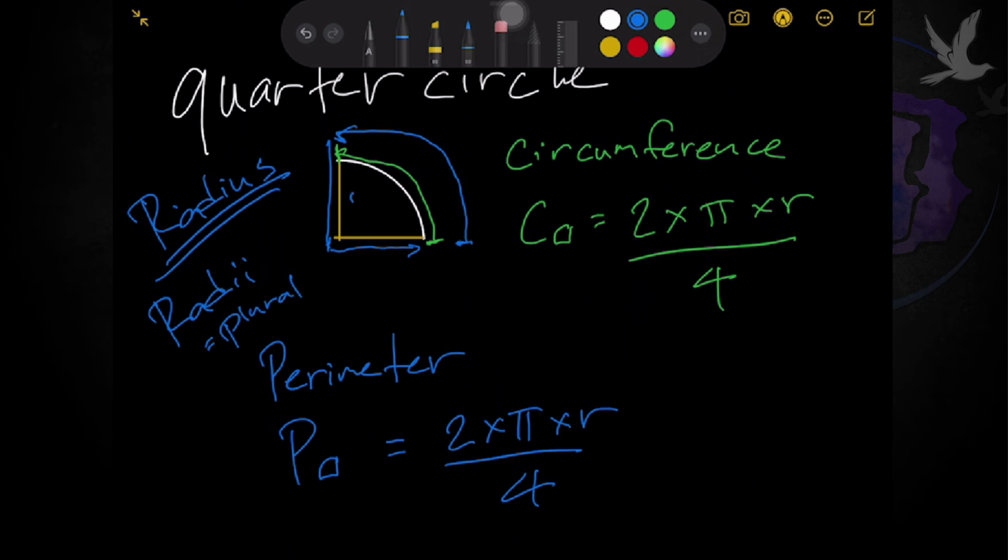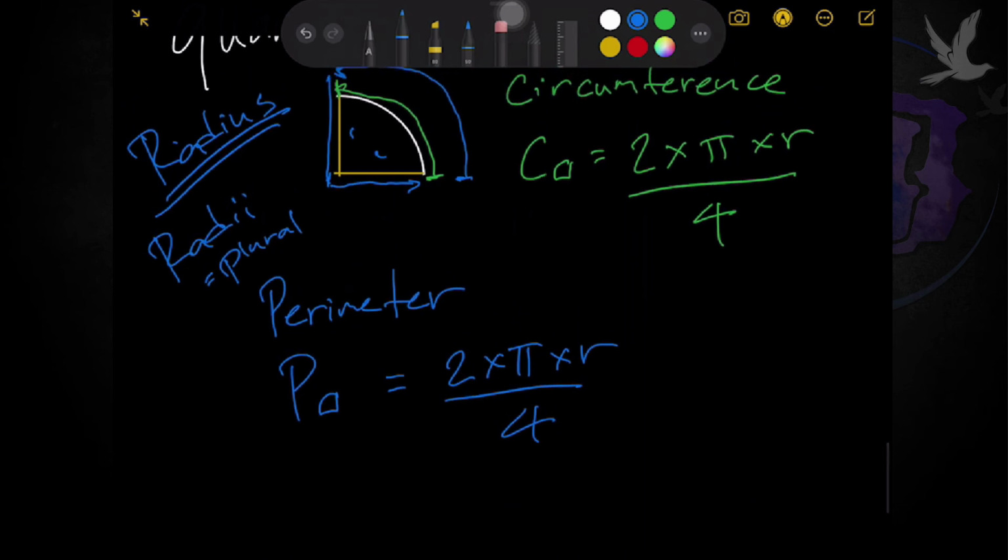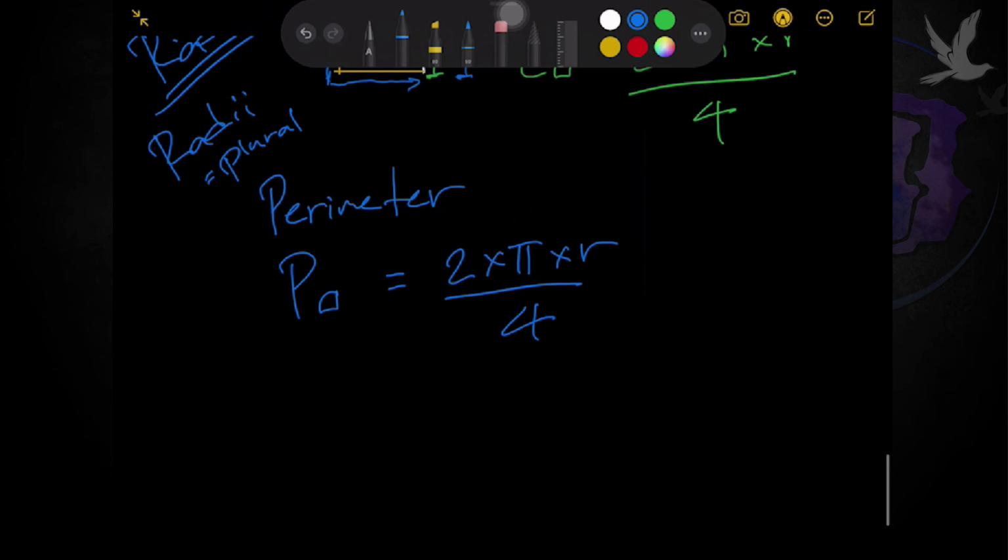We have 1, 2. And if you put 2 radii together, it will give us the diameter. Diba? Tingnan nyo. 1 radius, another radius, 2 radii put together is our diameter.